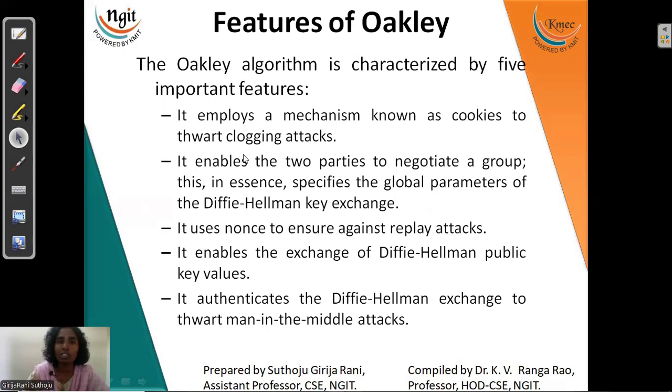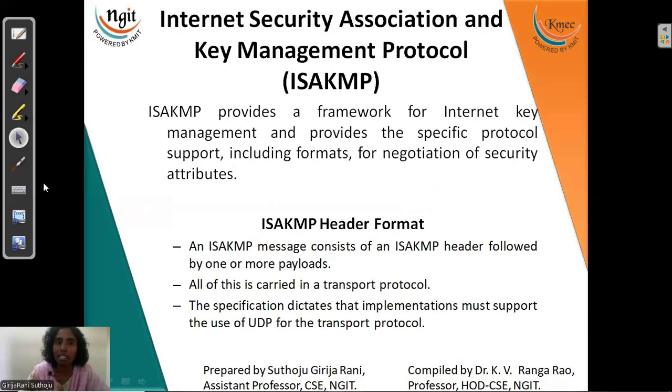Now let us move to the next algorithm, that is ISAKMP. Coming to ISAKMP, this is totally an internet version of a framework, where it is also responsible for the formatting. Whatever format we are generating should be universal to all the protocols. So ISAKMP will utilize that format structure along with a few security attributes. What its header will be saying is that we can generate the message with one or more payloads.